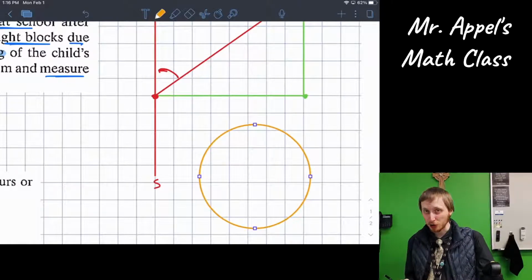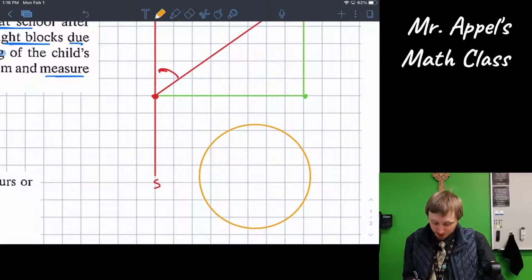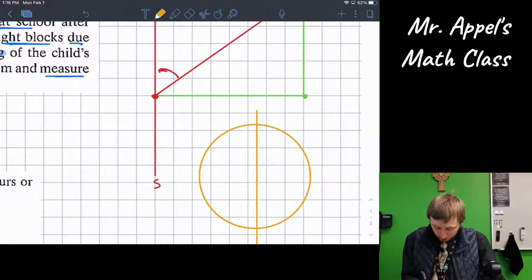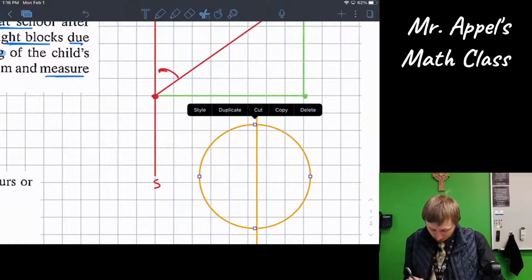I can make a perfect circle. That's pretty decent, and a good starting point. And there is my center point, I think. How is that for the center? Yeah, right there.